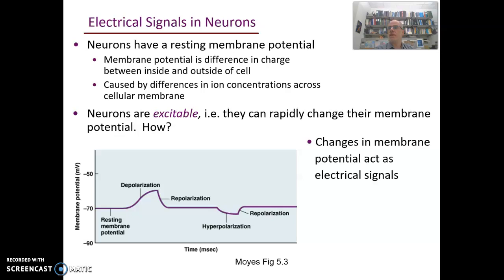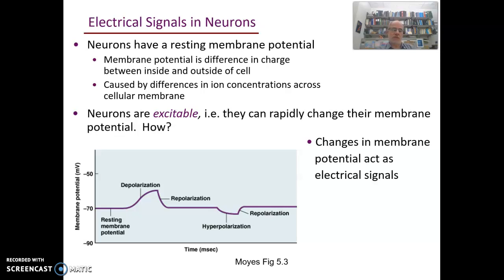If there was no difference in charge across the membrane, then the potential would be zero, as the charges on either side of the membrane would cancel each other out. Okay.